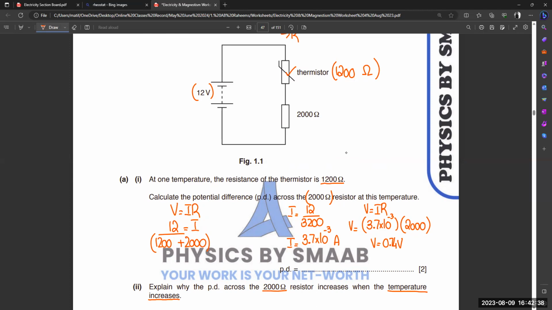So they are asking about the resistor's potential difference increasing. It means that if we want to increase the potential difference across this resistor, we need to decrease the resistance of the thermistor.